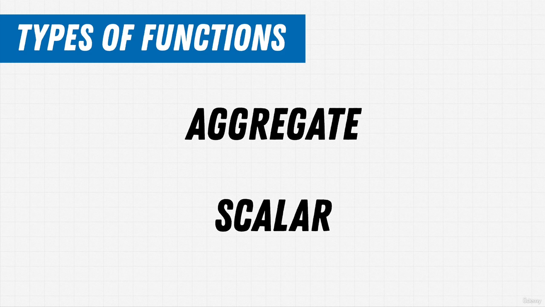Aggregate functions aggregate data. So they take all of the data, they take everything, and they produce one single value. Think of it like having a column of salaries and then wanting to calculate the total amount of salaries that you're paying out. Well, then we would run a sum, right? We would do all of the salaries plus each other and we would get there. That's aggregating all of the salaries together to generate an output. That's one example of an aggregate function.